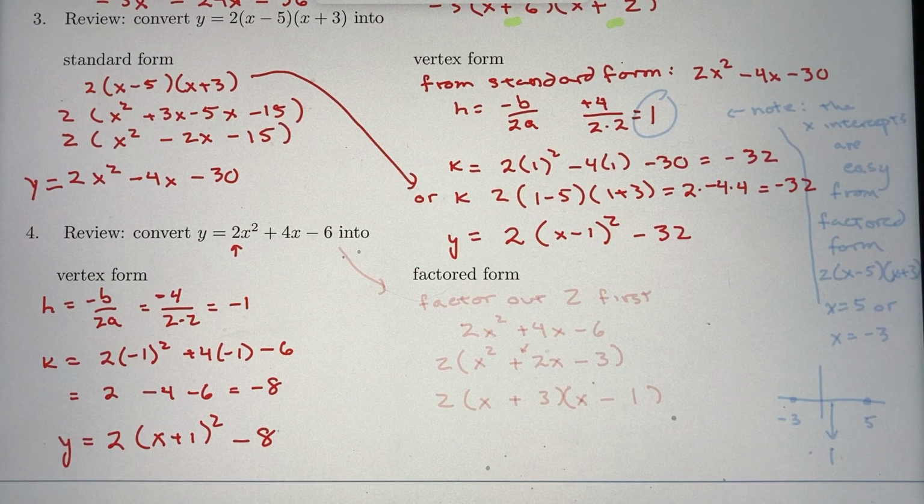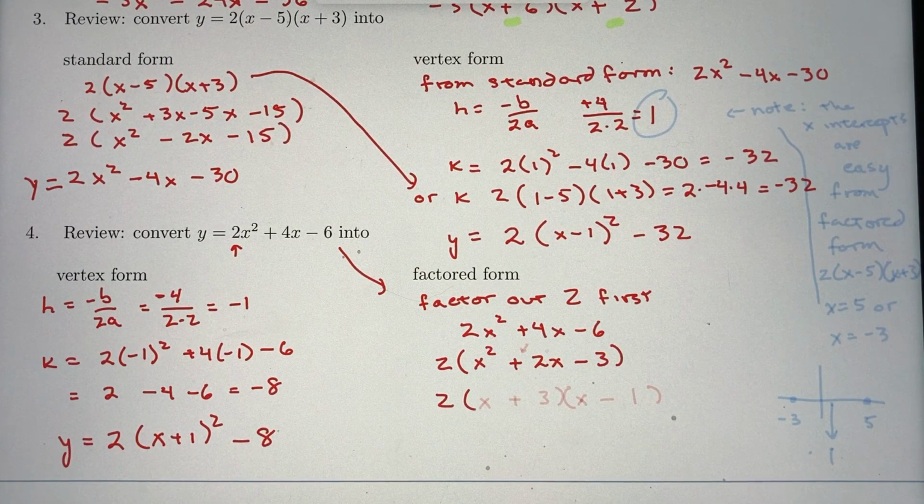So, factored form, I factor out the 2 first, because every single term has a 2 in it. I'm going to write down the original this time. 2 times what to give me 2x squared, 2 times what to give me 4x, and 2 times what to give me negative 6.